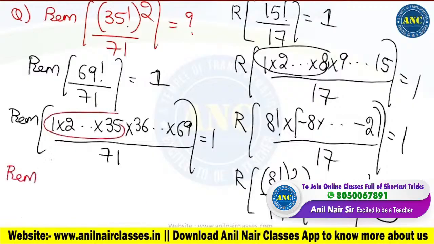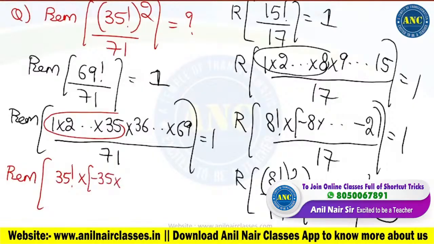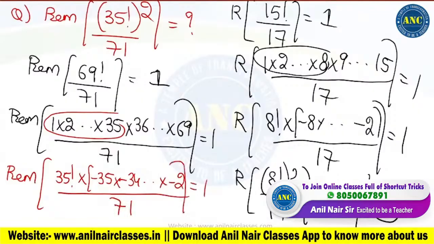These are nothing but 35 factorial. 36 by 71 minus 35, minus 34, 69 by 71 minus 2, divided by 71, it is 1. 2 to 35, 34 negatives are there. So it is nothing but 35 factorial whole square divided by 71. Answer is 1. 35 factorial whole square divided by 71 is 1.